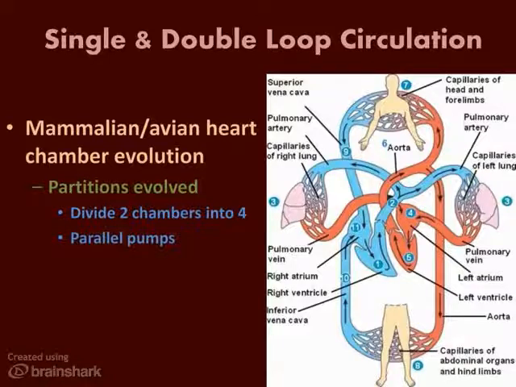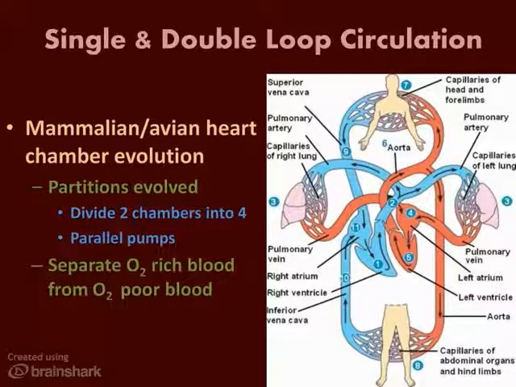In this system, oxygen-rich blood is totally separated from oxygen-poor blood to maximize the amount of oxygen the blood receives. And in the diagram above, you can clearly see the two loops that a drop of blood would take. And we've moved the lungs out to the side, so you can definitely see the two loops that blood takes.